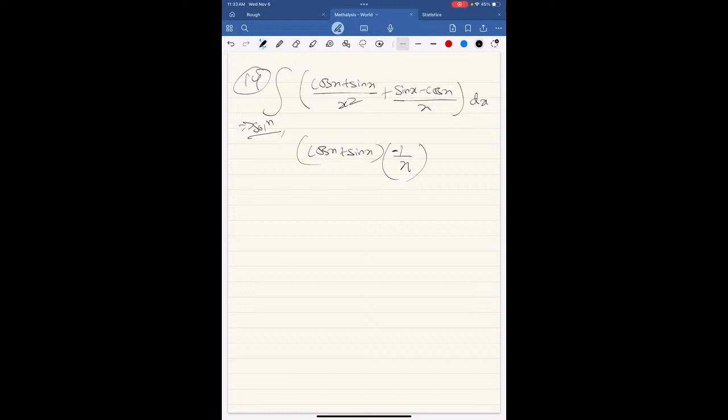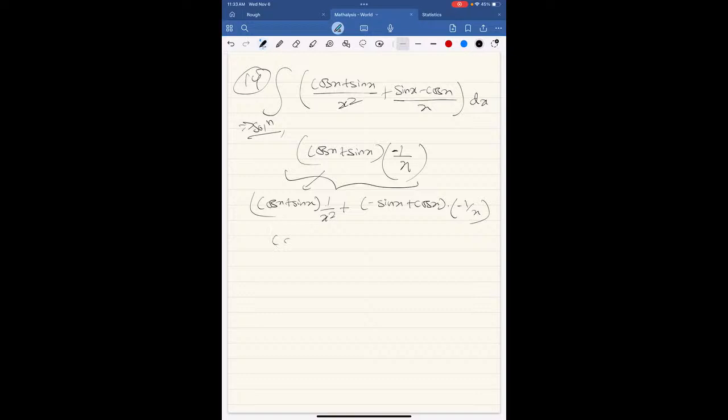Okay, let me check if this works or not. If I differentiate this, first of all, this will be as it is, cos x plus sin x, and its derivative will be 1 by x square, plus, now if I differentiate this, minus sine x plus cos x, and it will be as it is. So yeah, it works, right?